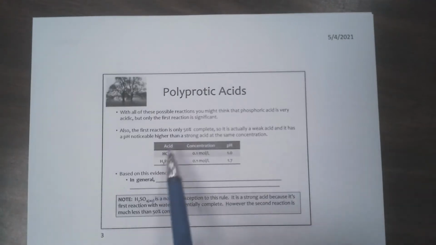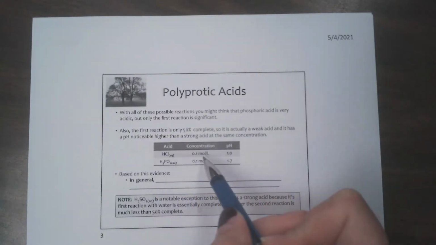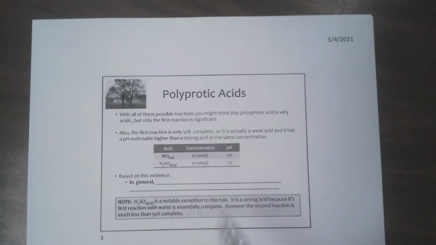Okay, the first reaction is only 50% complete, so it's actually a weak acid and it has a pH that's higher than a strong acid at the same concentration. So here is hydrochloric acid at 0.1 moles per liter. It's got a pH of 1. Here's phosphoric acid at the same concentration, has a pH of 1.7. And in our brains, we're thinking, oh my goodness, 1.7 is so far down on the scale, it's got to be a strong acid.